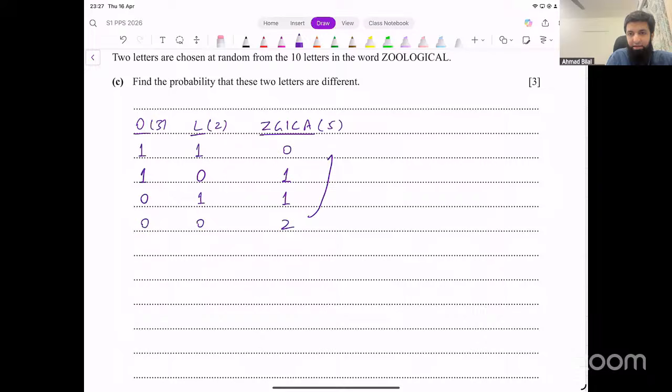That both letters are selected from these 5, right? Because they're already different. So if both of the letters are from these 5, they would be different from each other. These are the 4 possible cases that we end up getting from this.